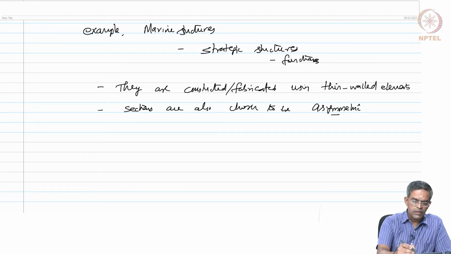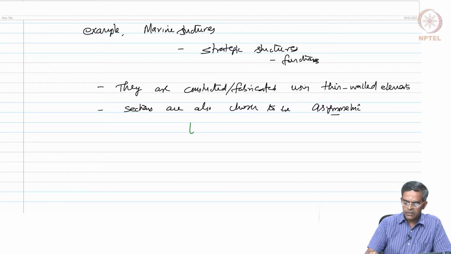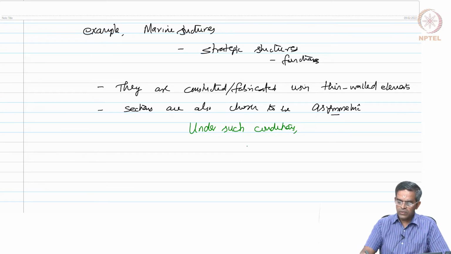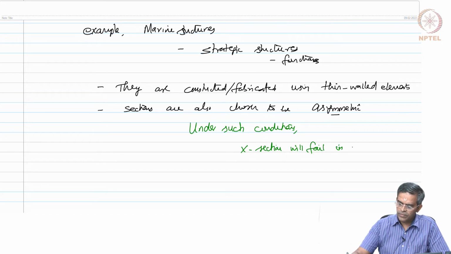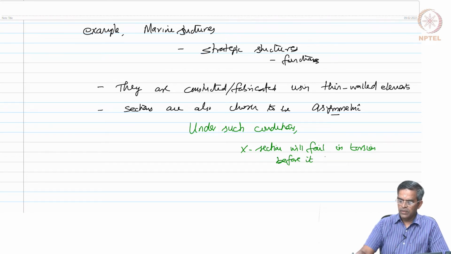Therefore, under such conditions, the cross section will fail in torsion, because it will be weak in torsion before it fails in bending.